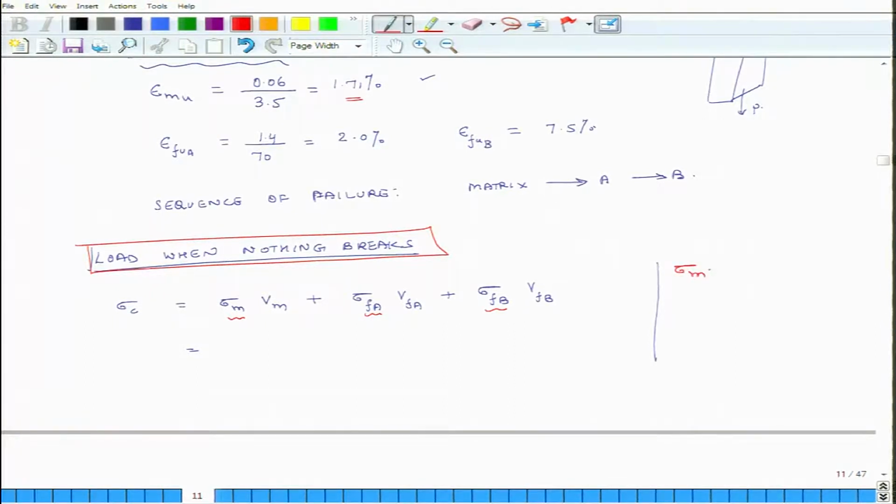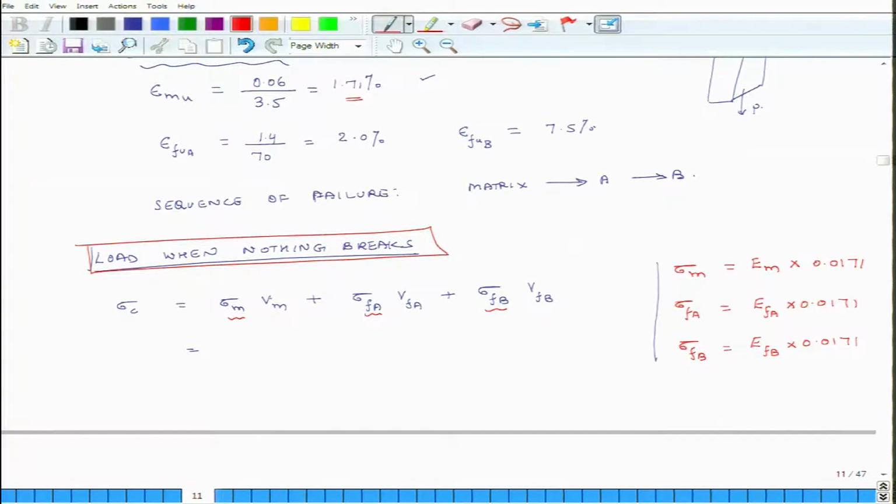What is sigma m? It is equal to the Young's modulus of the matrix times how much strain level? 1.71%, so 0.0171. Sigma Fa is equal to EFA into 0.0171 and sigma Fb is equal to EFB into 0.0171.